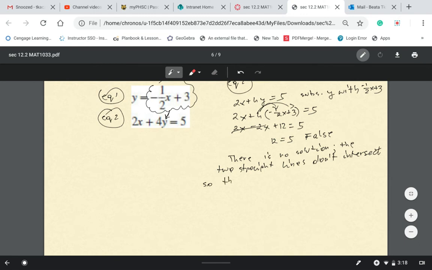So the lines are parallel to each other. The only way lines don't intersect is if they are parallel to each other. And the system is inconsistent, which means no solution.